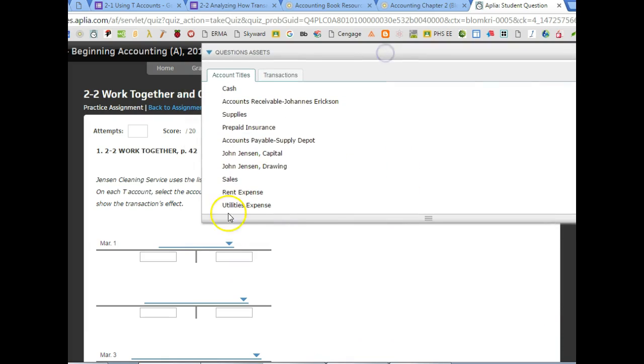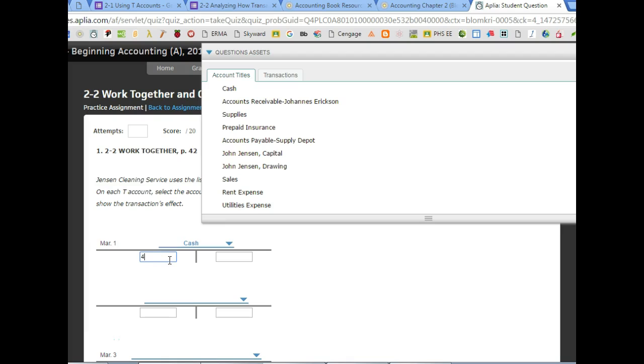My very first transaction from March 1st is received cash from the owner as an investment of $4,000. So the first thing that I'm going to do here, you notice I have 2 T accounts. Which account am I going to go ahead and select? Based on the transaction, received cash from the owner as an investment, I'm going to select the cash account.